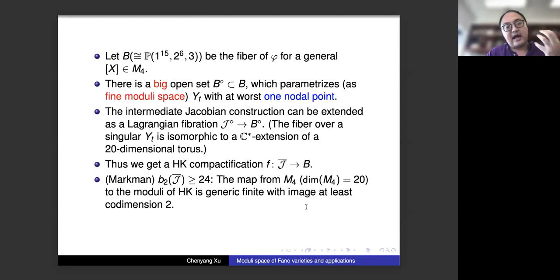And I can shrink this B0 a little bit, such that it's still big. Because we know that this moduli stack and the moduli space only differ by some codimension 5 part, or anyway some higher codimension part.